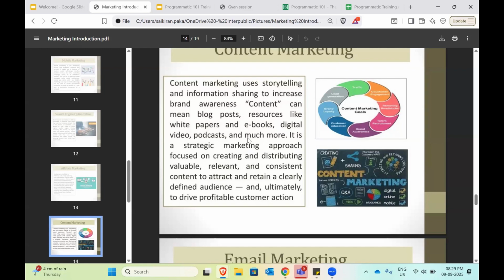This is mostly used right now, mainly by the influencers on Instagram. They are putting out content and calling themselves influencers. Everybody is first attracted to the content, and that is how the marketing works. So whether it's vlogs, blogs or ebooks, it's about generating content, making them aware, and simultaneously marketing to them.